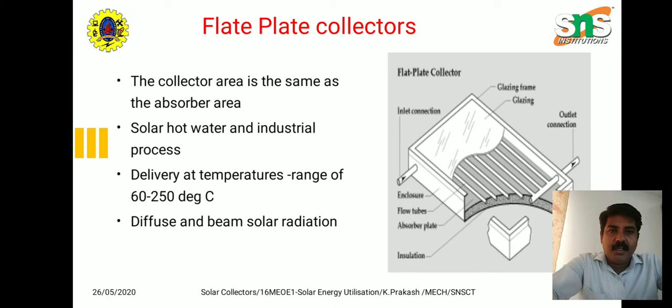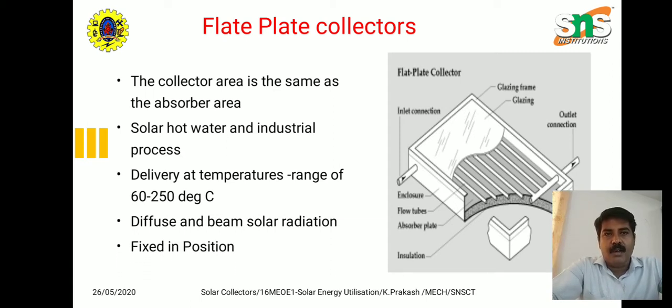In the previous sessions we discussed diffuse and beam radiation: the rays from the sun falling directly on the flat plate collector are absorbed, and the rays scattered by dust particles or clouds are also absorbed. This is the use of flat plate collectors, and the major drawback is that it is fixed in a single position and cannot be moved.